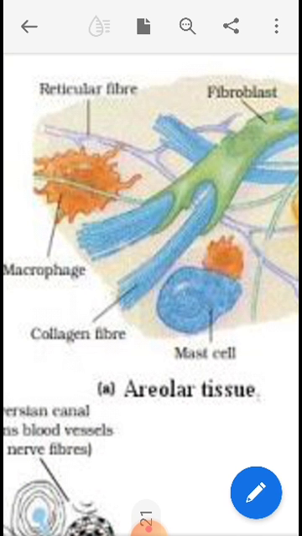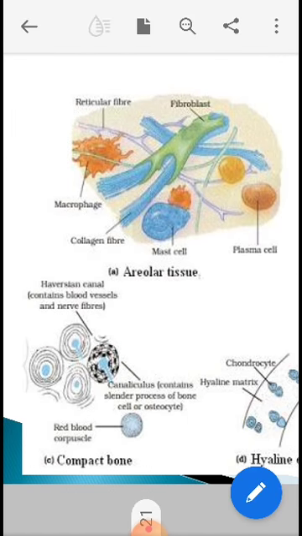So no need to go into the detail of the labeling of each part, the macrophage and the fibroblast and everything, that you will learn in higher classes. For now you just need to know about the structure of the areolar tissues.